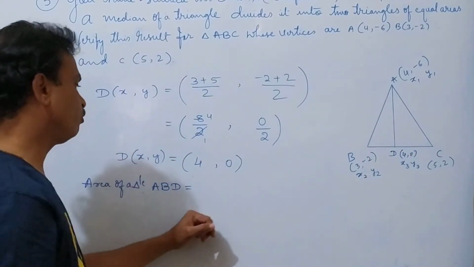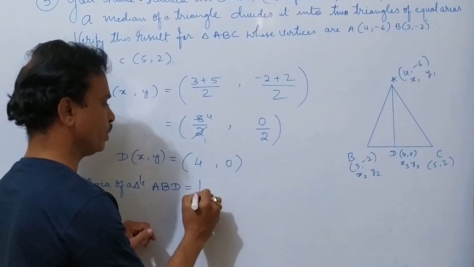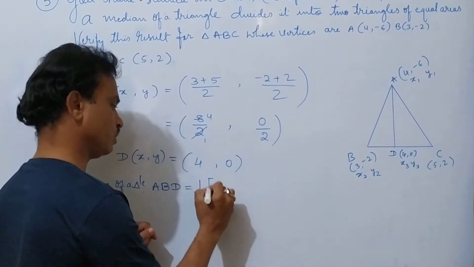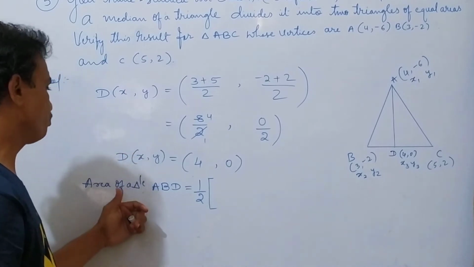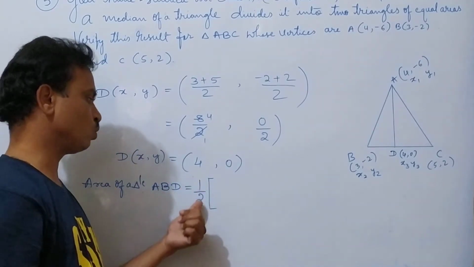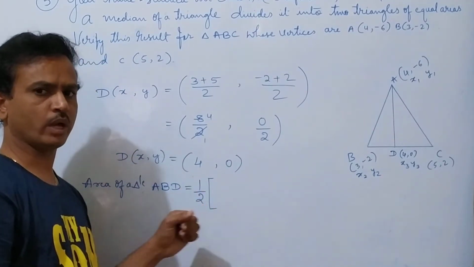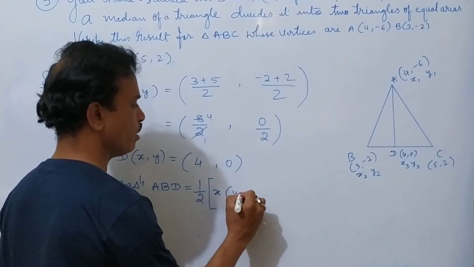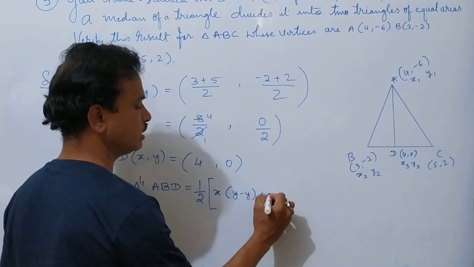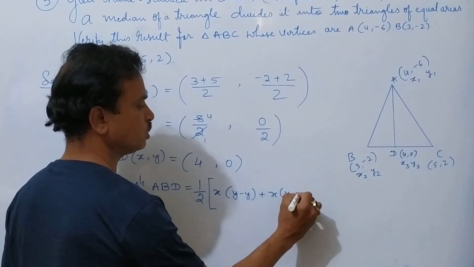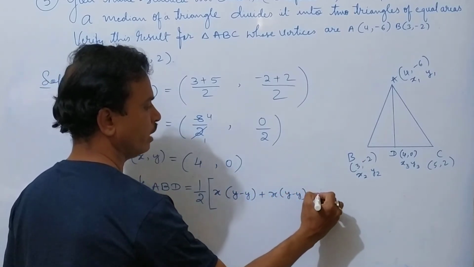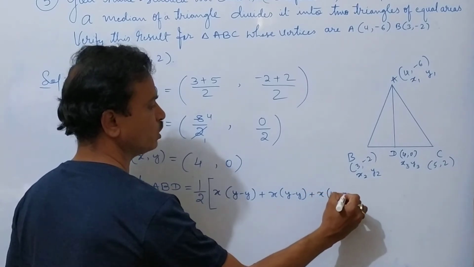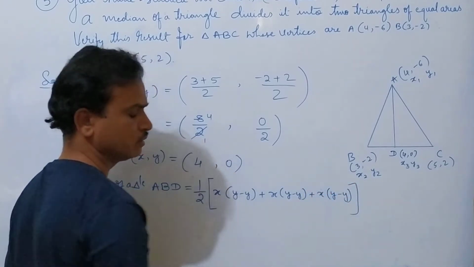Now you know the formula I told you in the previous classes. Area of triangle ABD is equal to 1 by 2, x1 into (y2 minus y3) plus x2 into (y3 minus y1) plus x3 into (y1 minus y2). You should write this down first.